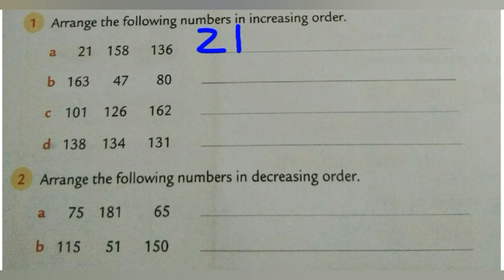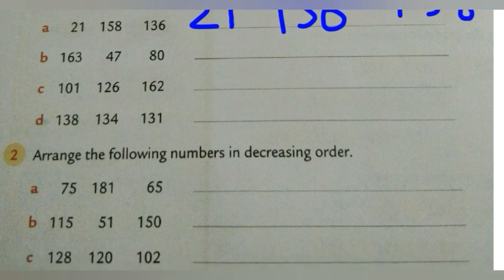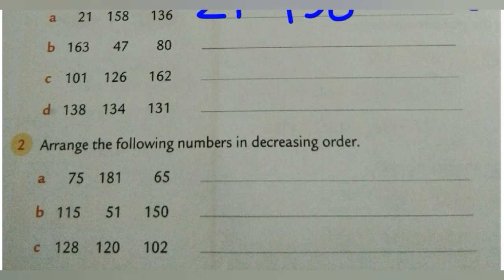Automatically 136 will come at the second place. And the last number is remaining. That means it is the biggest one. So it will come in the third position. If the tens place is also same, you can see the ones place. Now I would like you to try the remaining 3 at home. You need to practice it yourself.